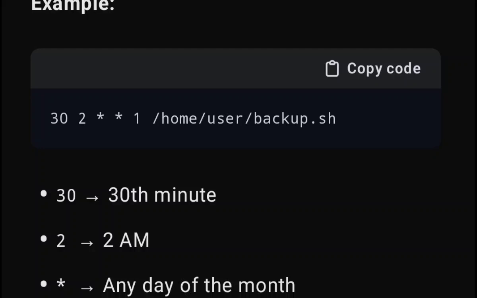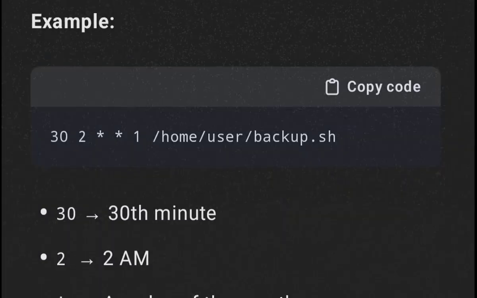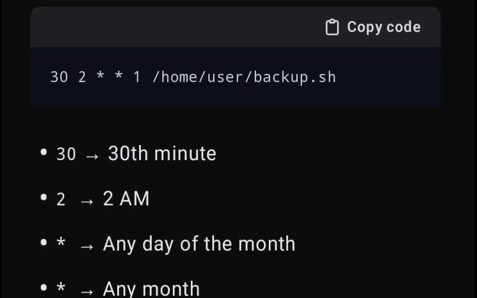Let's say you wanted to run a job. First of all, let us go through this particular example, and finally let's see at what time this particular job will run.